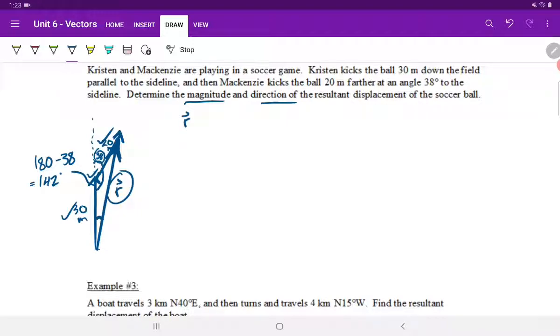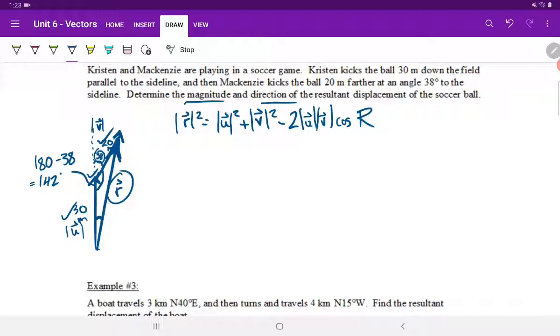Okay, so R squared is equal to, let's call this U, let's call this V, it doesn't matter what you call it. And write out your formula. Okay, and we'll call this angle theta.